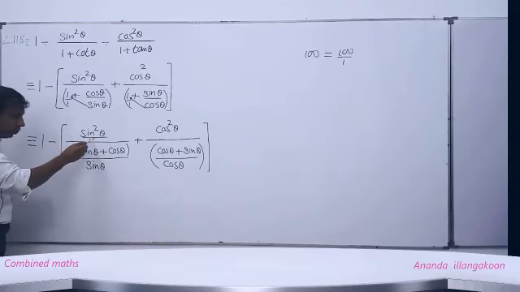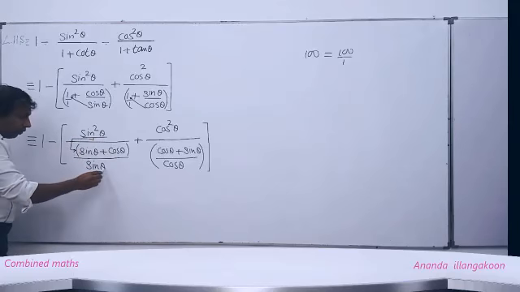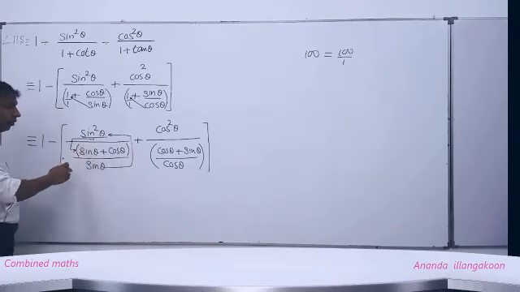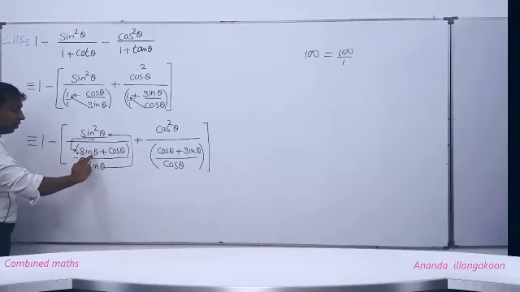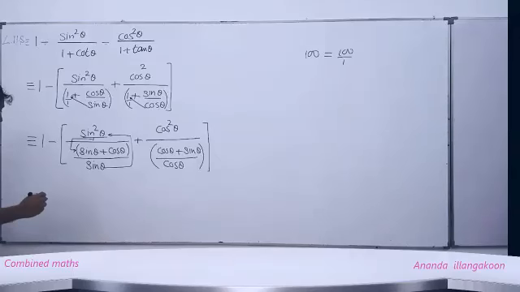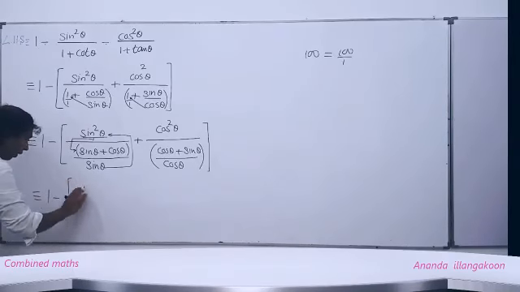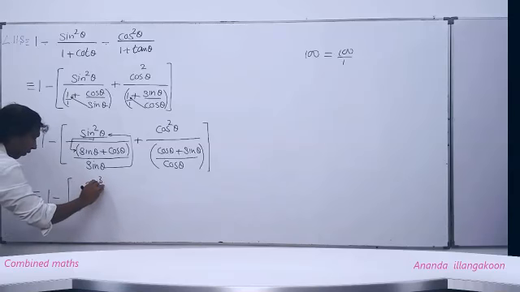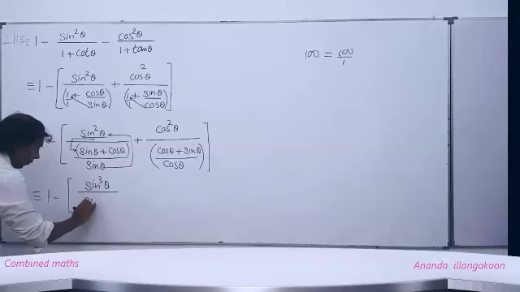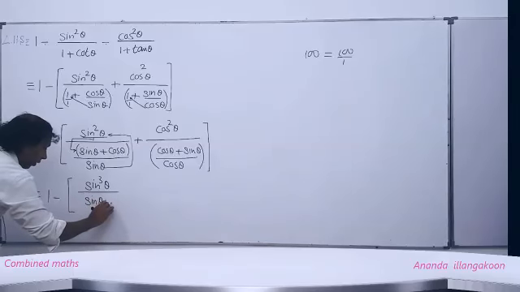Then you can multiply this with this and write the product below the line. This and this you can multiply and write the product above the line. 1 multiplied by this will be the same thing. Sin theta and sin square theta being, people, sin cube theta. Then we get 1 minus sin cube theta divided by sin theta plus cos theta.